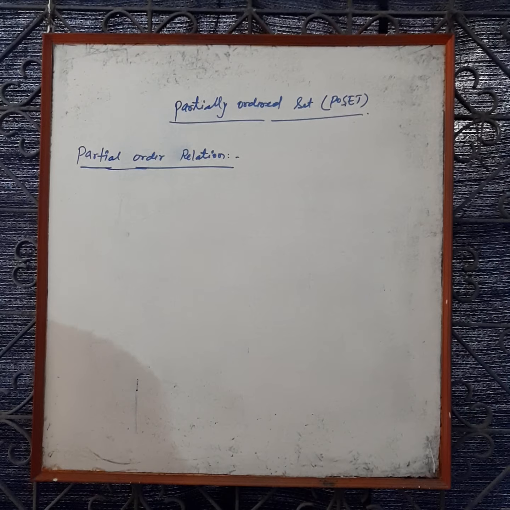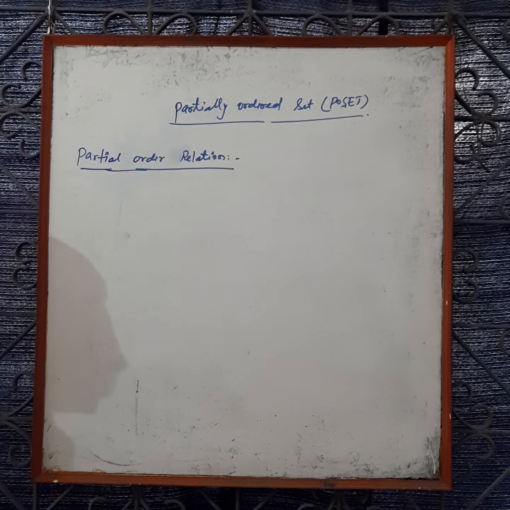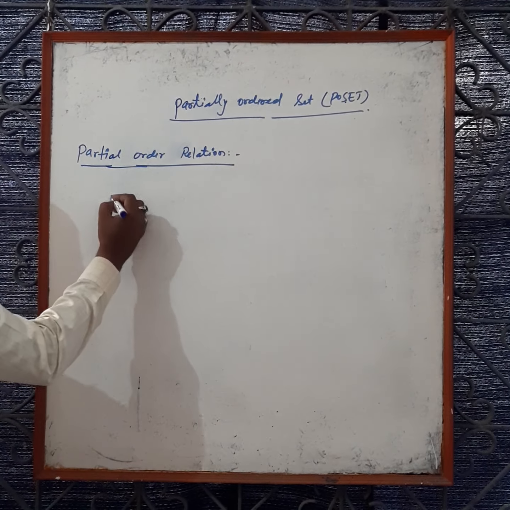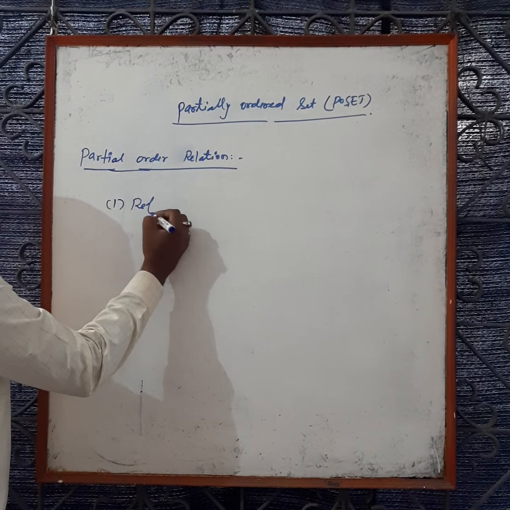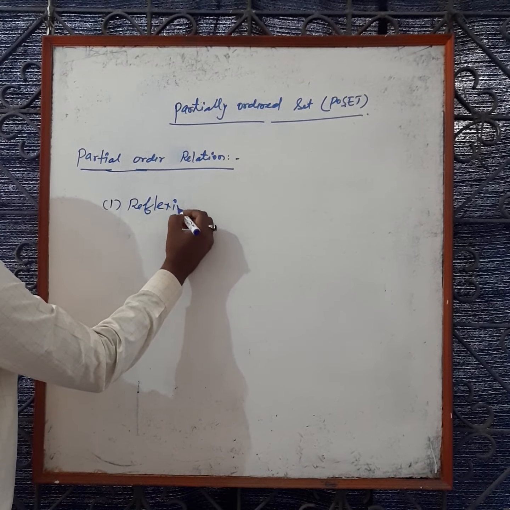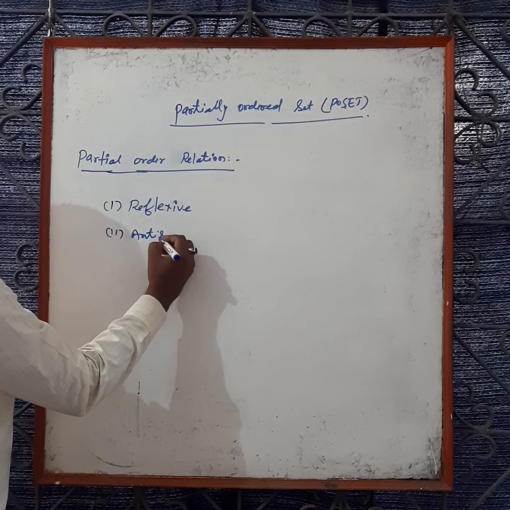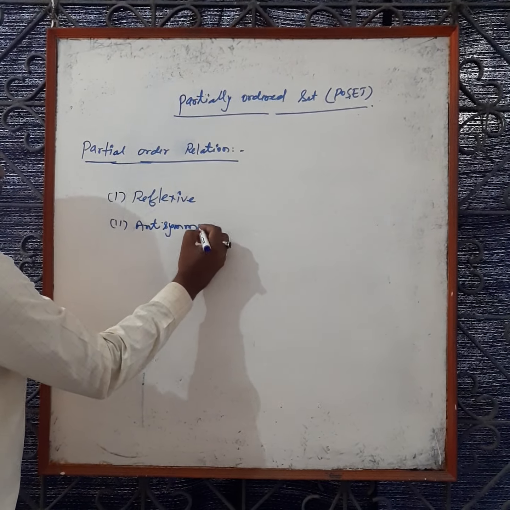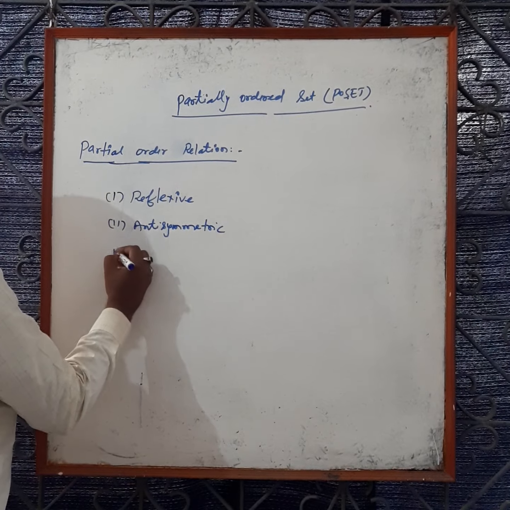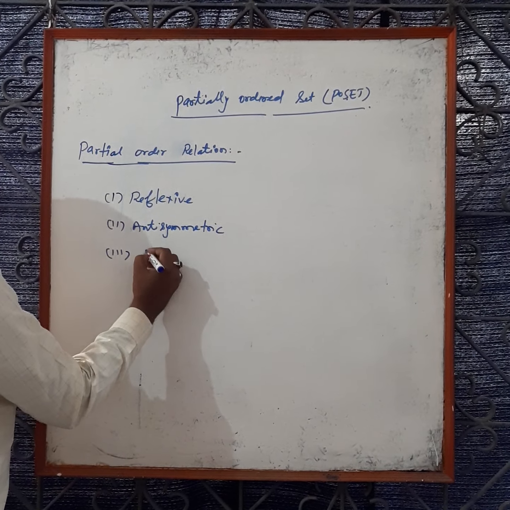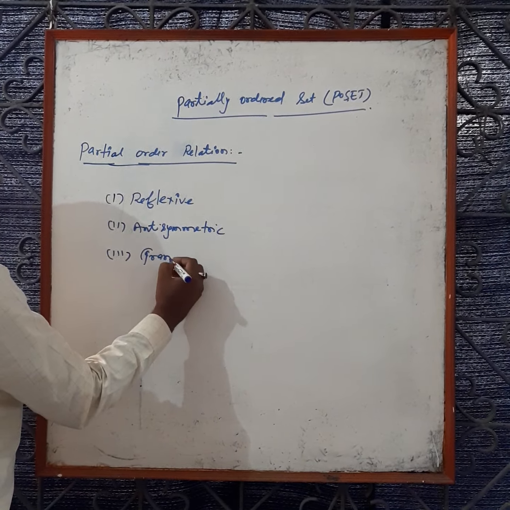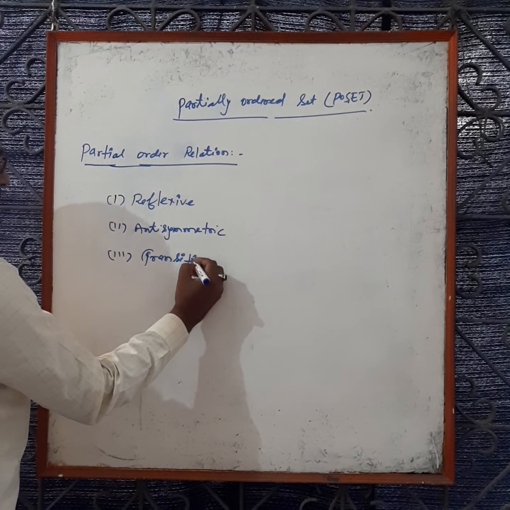A relation which satisfies three properties: reflexive, antisymmetric, and transitive, is called partial order relation.